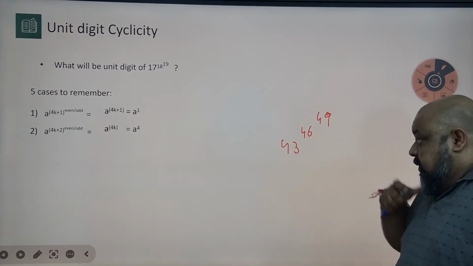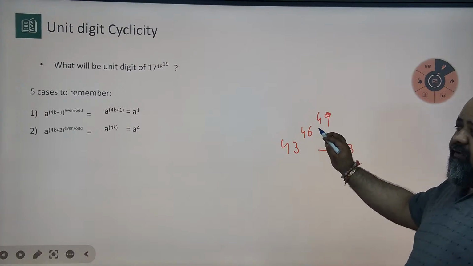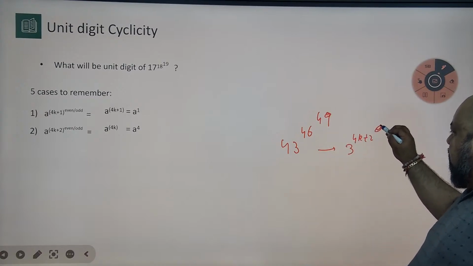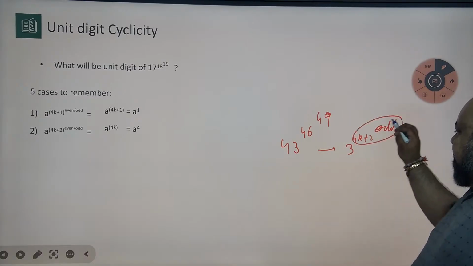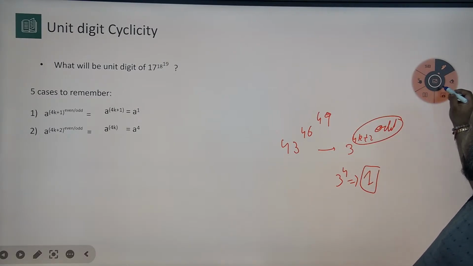Absolutely. So the base has 3. This is 4k plus 2, raised to power odd. So this will be the same as 3 raised to power 4, which ends in 1. Very nice.